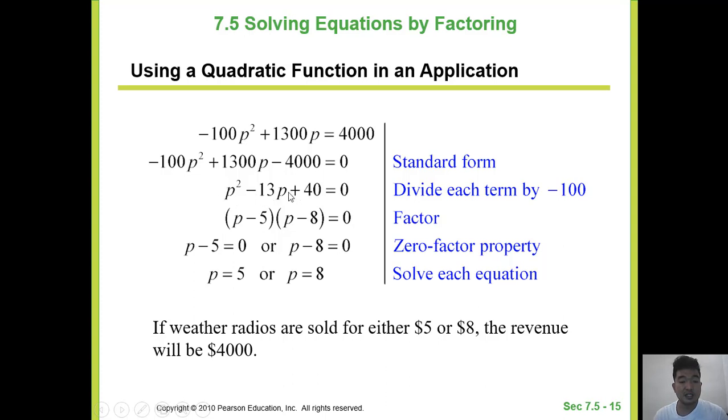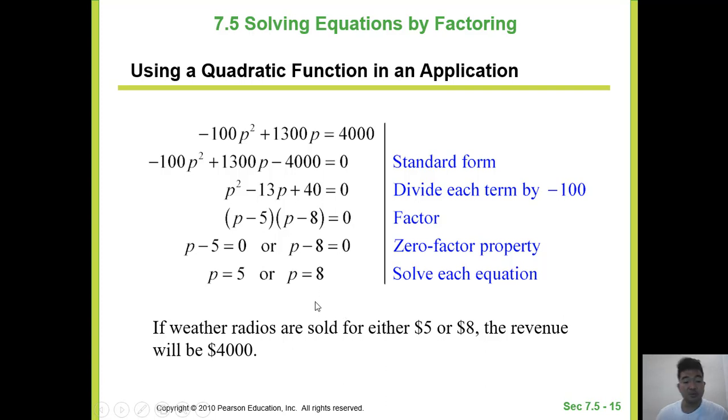So factoring this, you'll have the quantity p minus 5 times the quantity p minus 8 equals 0. And then applying the zero factor property, p minus 5 equals 0 and p minus 8 equals 0. So p equals 5 and p equals 8.